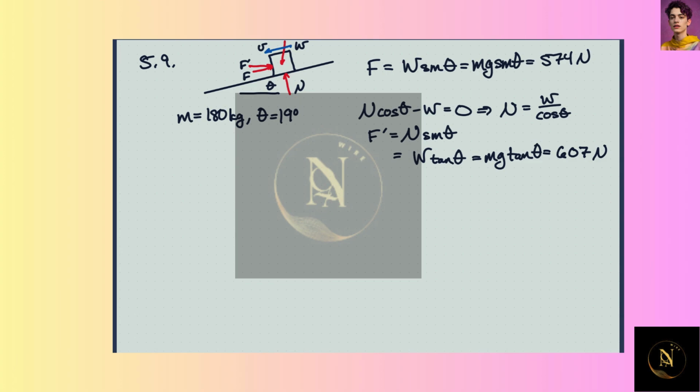But because we're not worried about that, all of his effort is directed at keeping this thing in equilibrium along this direction, or at least keeping it from accelerating in that direction.